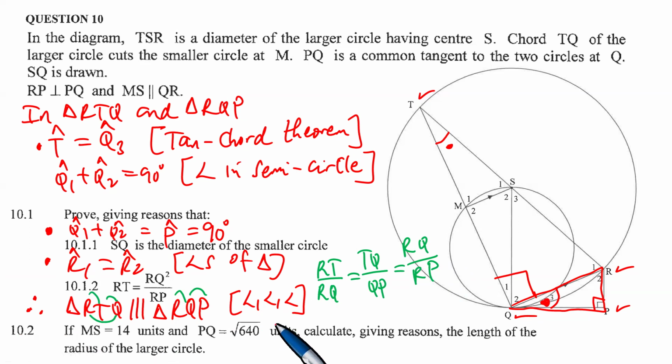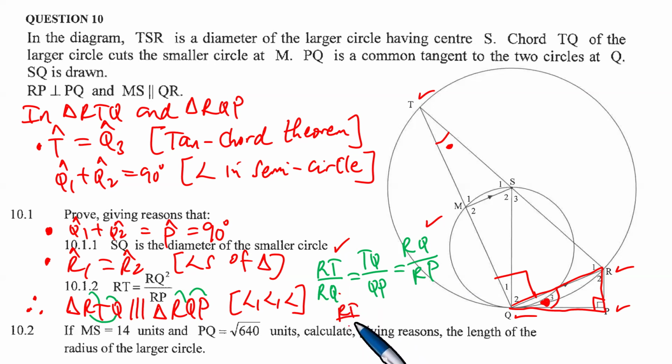In the end, you must have RQ squared, so to get RQ squared you cross multiply.